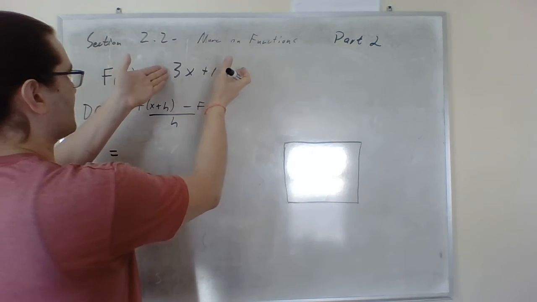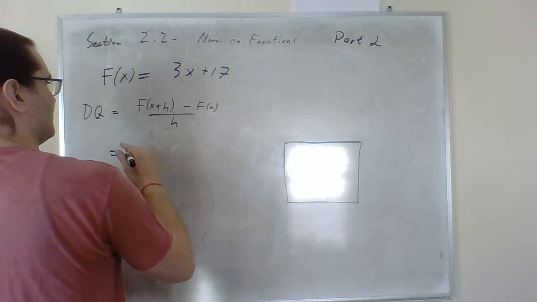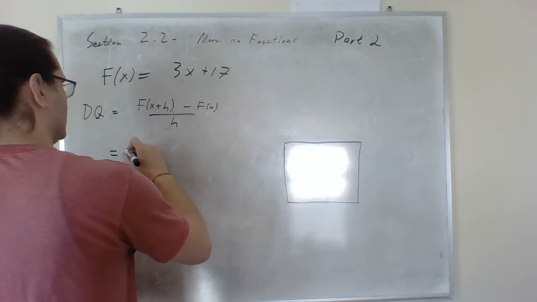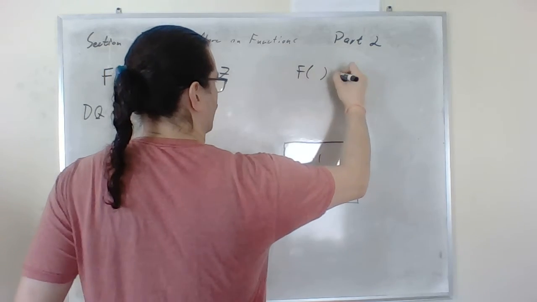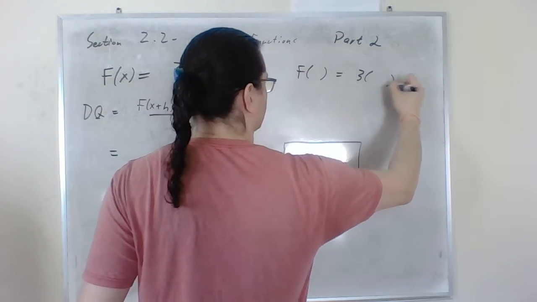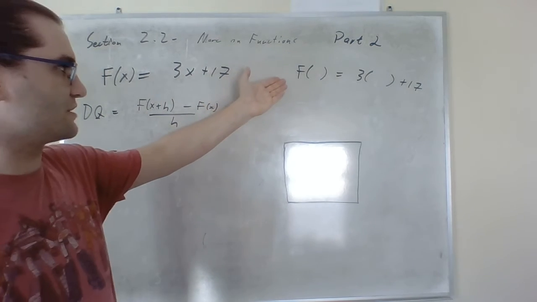Then we plug the function into this piece. We know what f of x plus h is, because f of something is 3 times something plus 17. This is what we were talking about in section 2.1.